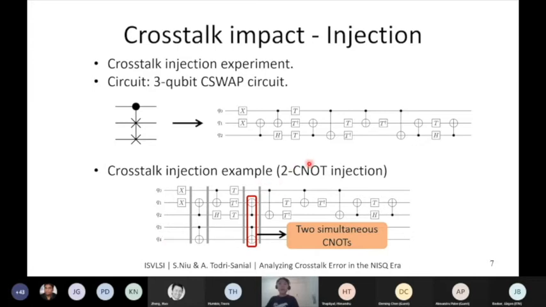Here is an example where we inject two simultaneous CNOTs. We insert barriers between the two CNOT pairs to make them execute exactly at the same time. It's important to note that the CNOT pairs used for the crosstalk injection experiment are mapped to the pairs with high crosstalk shown in the previous slide.